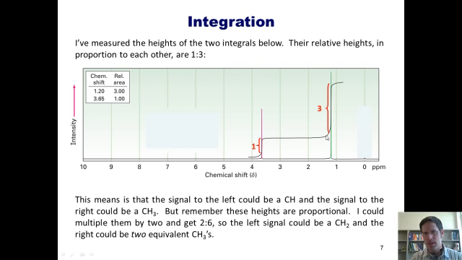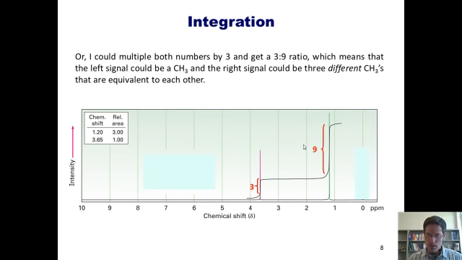But remember that these heights are proportional. In other words, I could multiply them both by 2 and get a 2 to 6 ratio. That would probably correspond to a CH2 and 2 CH3s. Or I could multiply them all by 3 and get a 3 to 9 ratio. In that scenario, this would probably represent a CH3, and the one on the right would represent 3 separate but equivalent CH3s.